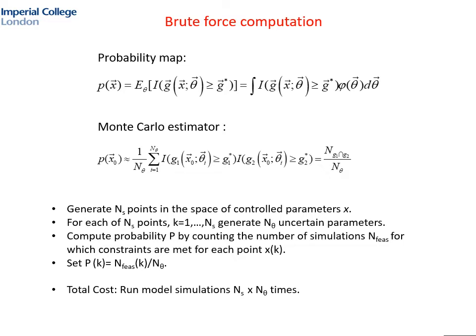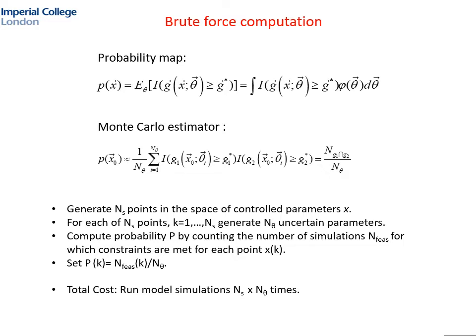For each of the n s points, we generate n theta uncertain parameters, and we compute probability by counting the number of simulations that are feasible, for which constraints are met for each point xk. And then the ratio of all accepted or feasible points to the total number of points would give us the probability specified for each point pk. The total cost of this approach will be ns multiplied by n theta.